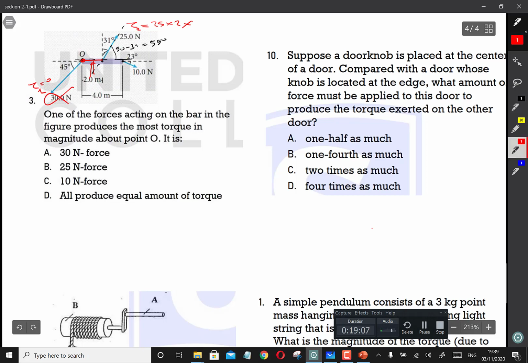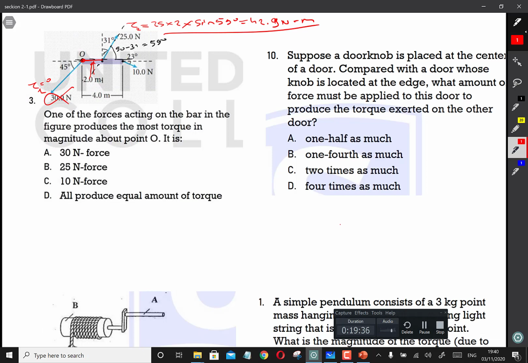So let's insert here sine of 59 degrees. 25 multiplied by 2 multiplied by sine of 59. Sine of 59 gives 42.9 Newton meter. Torque is very great, big in magnitude.